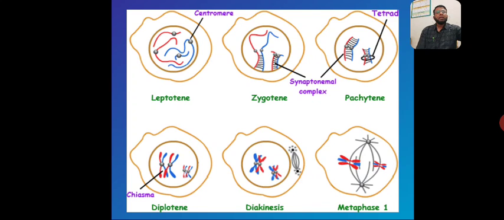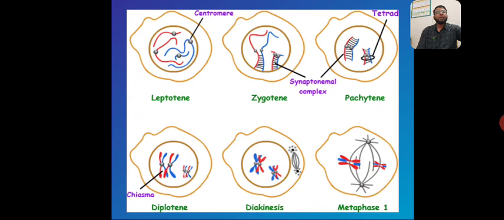And here is the diplotene stage. What is happening in the diplotene stage? The homologous chromosomes begin to separate, particularly in the region surrounding the centromere. The sister chromatids remain attached at the centromere region. At certain points, homologous chromosomes remain in close contact. These points are known as chiasmata, which are seen in the picture also.